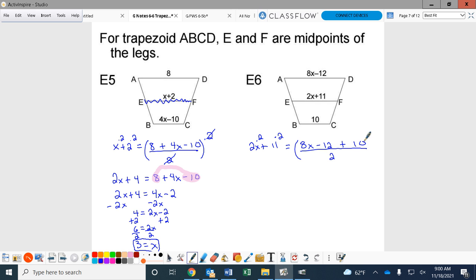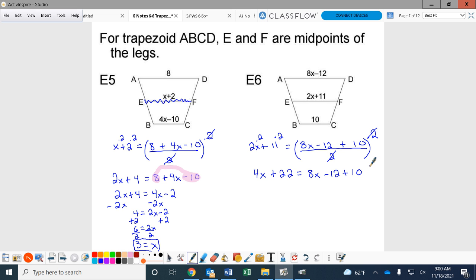This whole thing is one big item, so we multiply it times 2. It helps for some people to see the parentheses, put them around there because it helps them think of it as one item. Cancel out that 2, that's going to bring down 4x plus 22 equals 8x minus 12 plus 10.